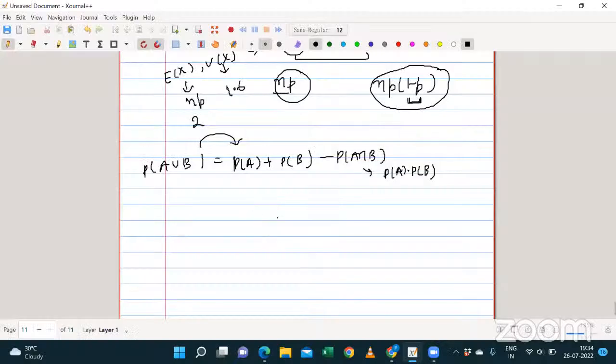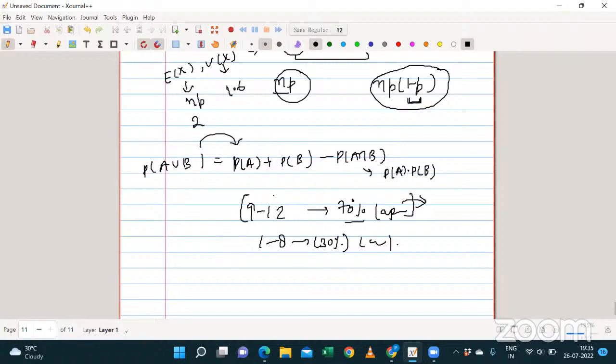From week 9 to week 12, 70% is there, approximately. And weeks 1 to 8 is 30% approximately. So you have to focus more on week 9 up to week 12, right?